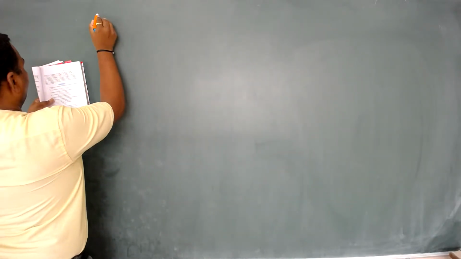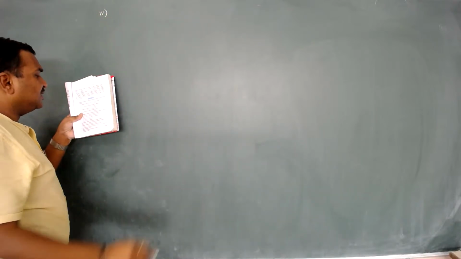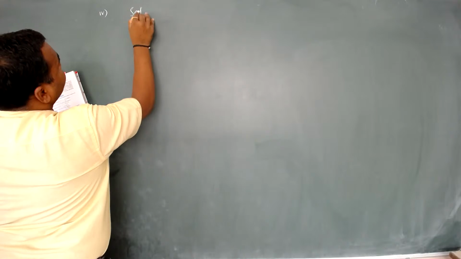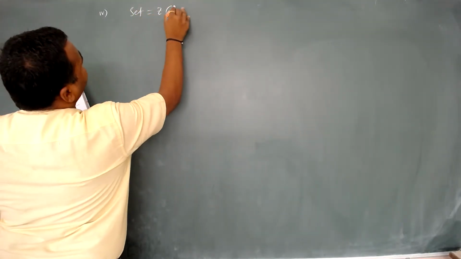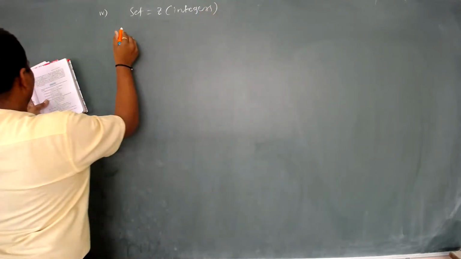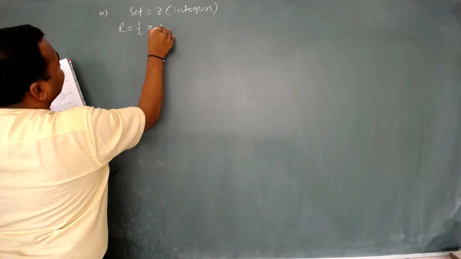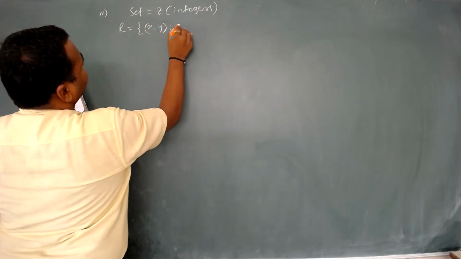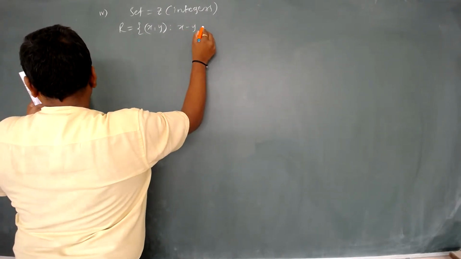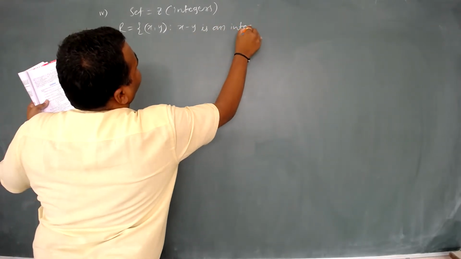Next, go for the fourth question. This is important. R is a relation on the set Z, the integers. The relation is defined like this: R is equal to (x, y) such that x minus y is an integer.